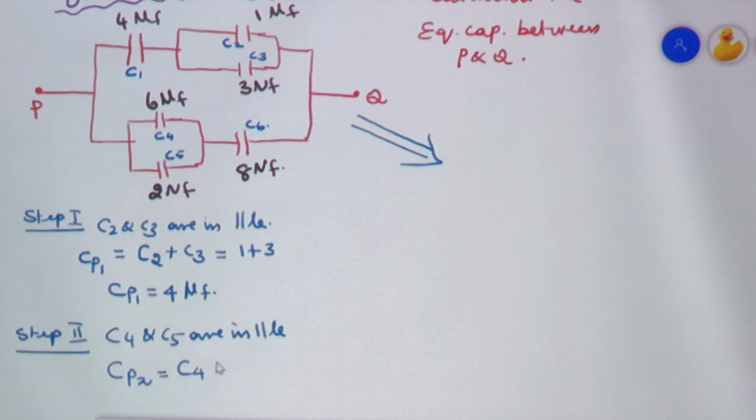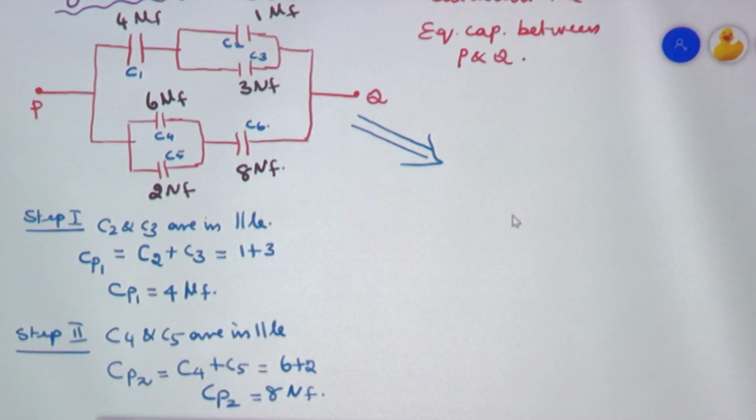In parallel combination, I am writing it as C4 plus C5. So C4 is 6, C5 is 2. So Cp2 is equal to 8 microfarad. I am applying these two for simplification.